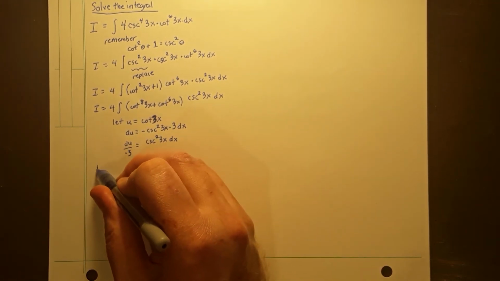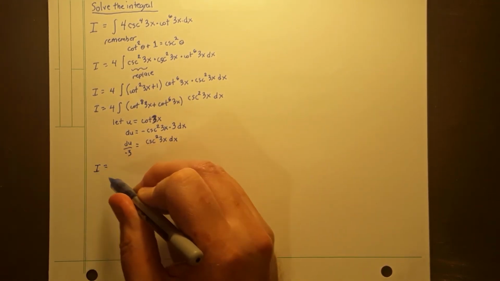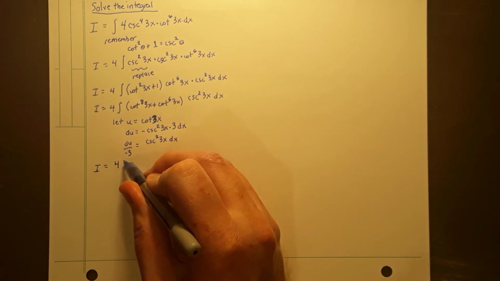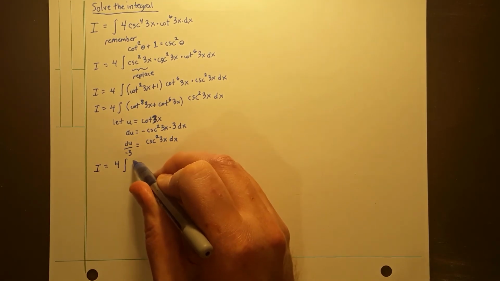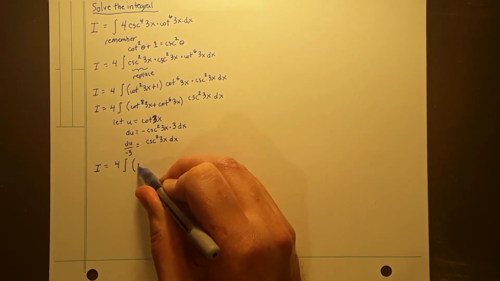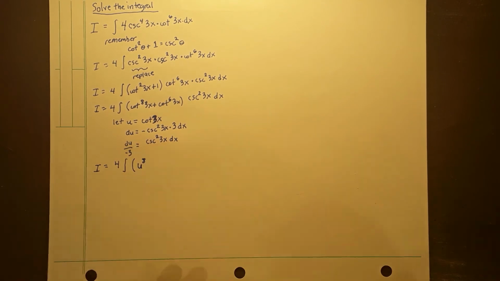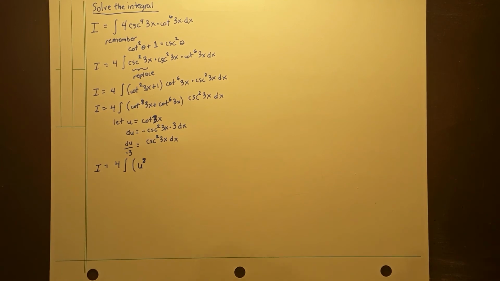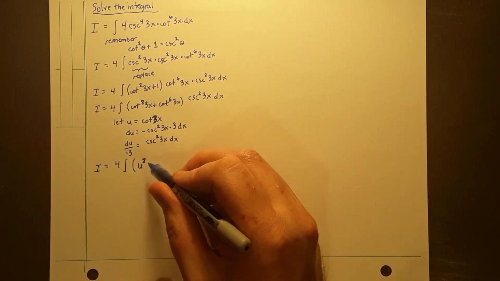And if we do the substitution, instead of writing cotangent power 8 of 3x, that's going to become u to the power of 8.